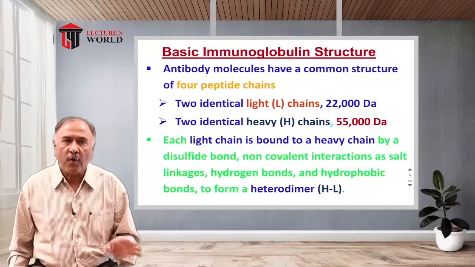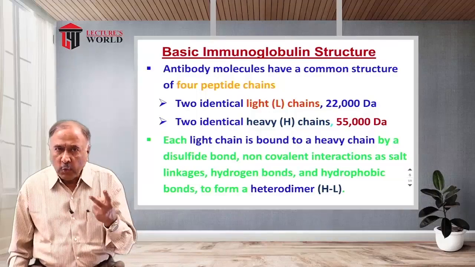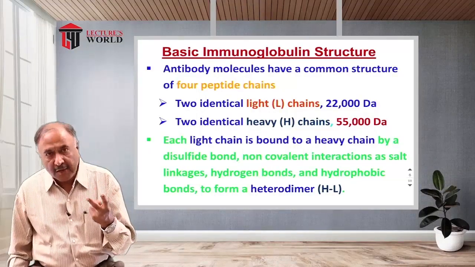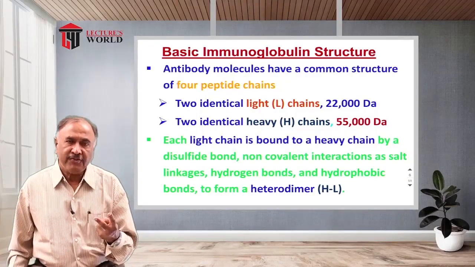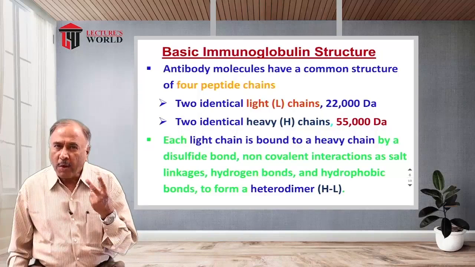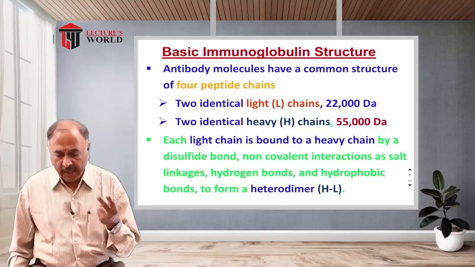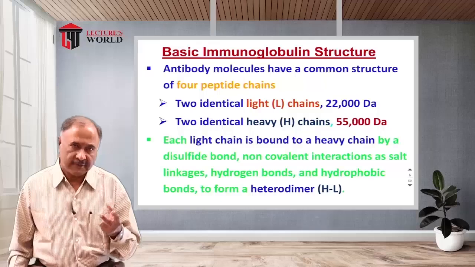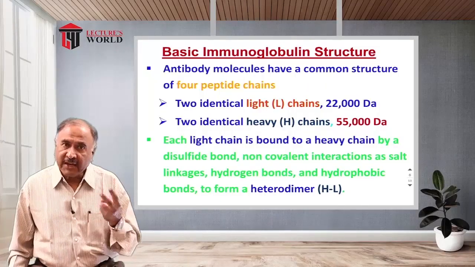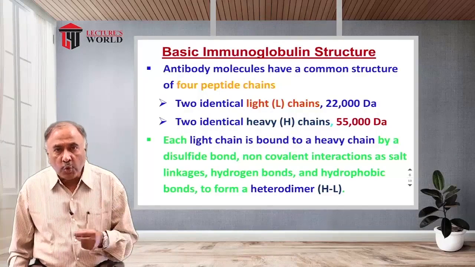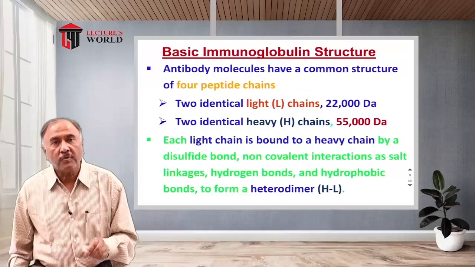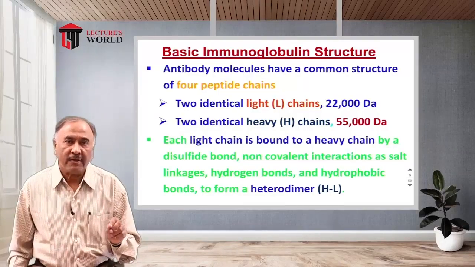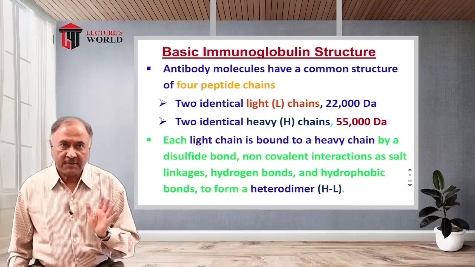Out of these 4 peptide chains, there are 2 identical chains and they are known as light chains, represented as L, and their molecular weight is approximately 22,000 Daltons. The second one is 2 heavy chains whose molecular weight is almost double that of the light chain, around 55,000 Daltons.